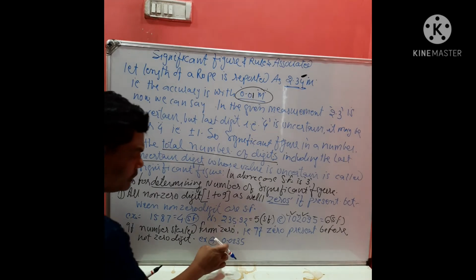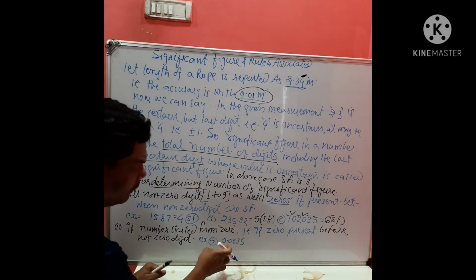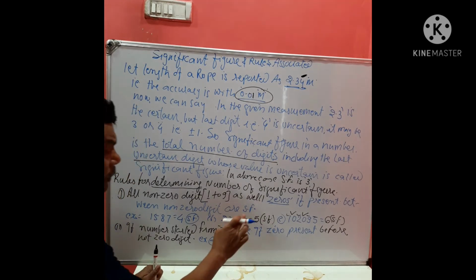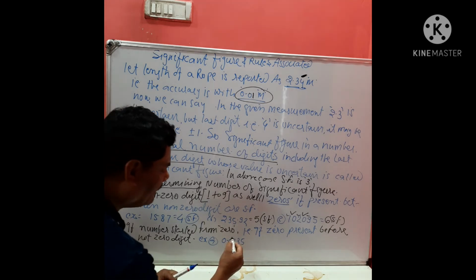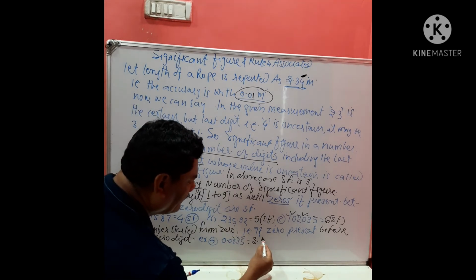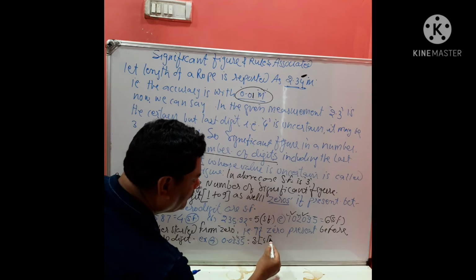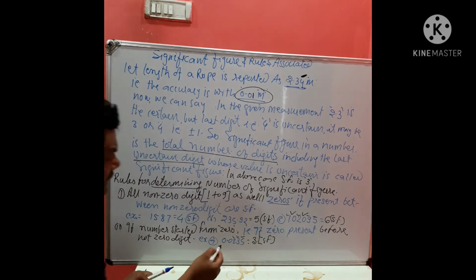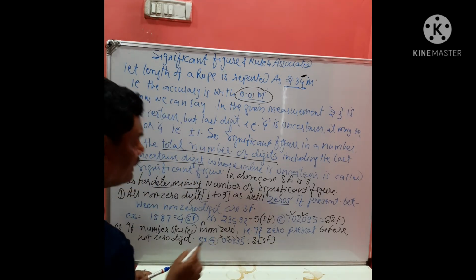Now there are 2 zeros, but these zeros are present before the non-zero digits 2, 3 and 5. So there will be only 3 significant figures, meaning these zeros are not included.